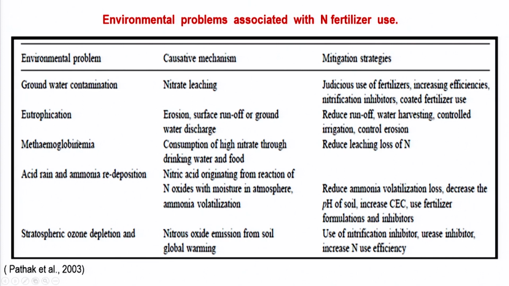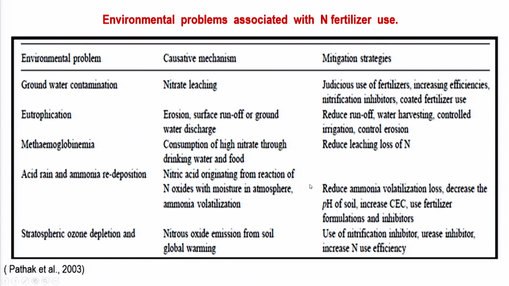Then methemoglobinemia is basically due to the consumption of high nitrate through drinking water and food. So, if you reduce the leaching loss of nitrogen, that will help to reduce methemoglobinemia. And then acid rain and ammonia redeposition: the responsible mechanisms are nitric acid originating from the reaction of nitrogen oxides with moisture in the atmosphere, and ammonia volatilization.